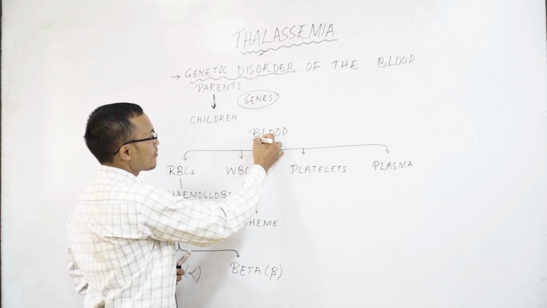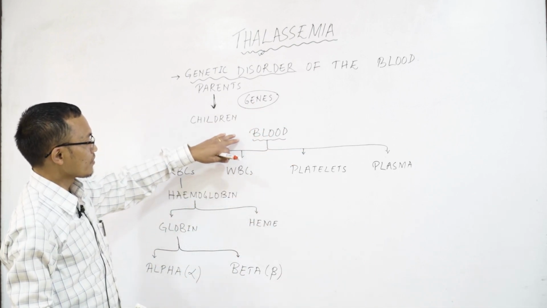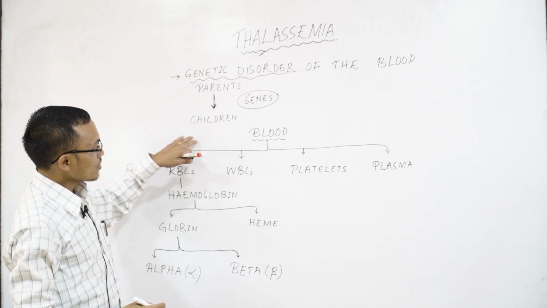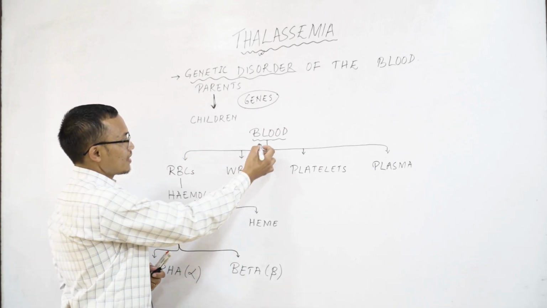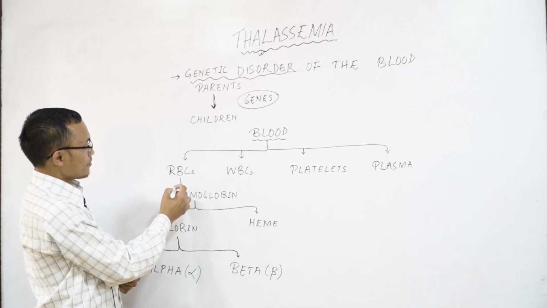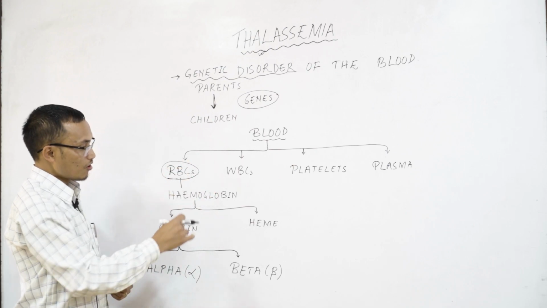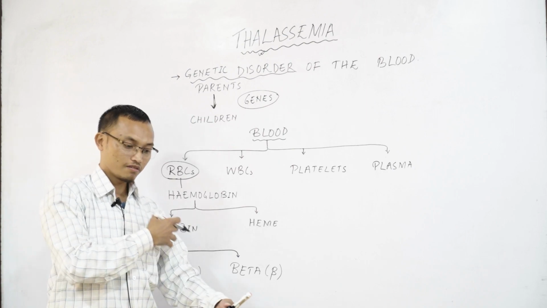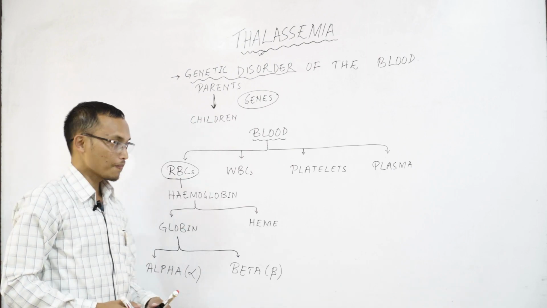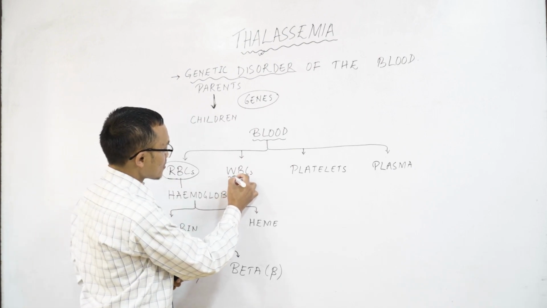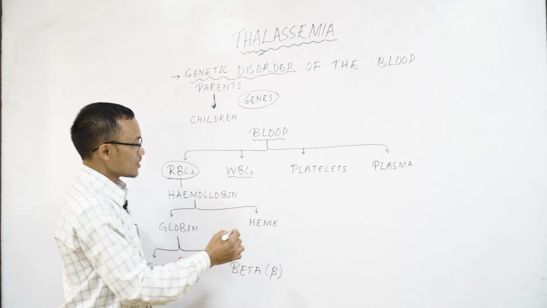Now let's have a look at the function of the blood and the components of the blood. The blood has various components. We have the RBCs, or the red blood cells, which carry oxygen from the lungs into the various tissues and cells of the body. The second component is the white blood cells, or the WBCs.